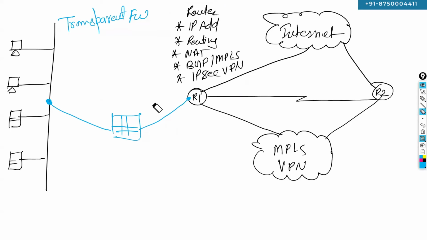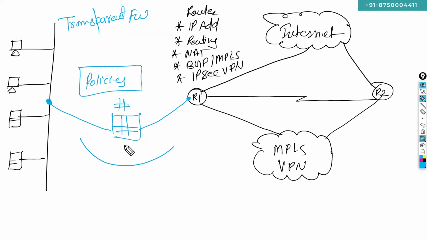Now we will break the connectivity between the LAN and the gateway. Now traffic will go through the firewall, and at this firewall we will configure firewall policies. According to the policies you have configured, traffic will go in to out or out to in. So what is the main advantage of a transparent firewall?